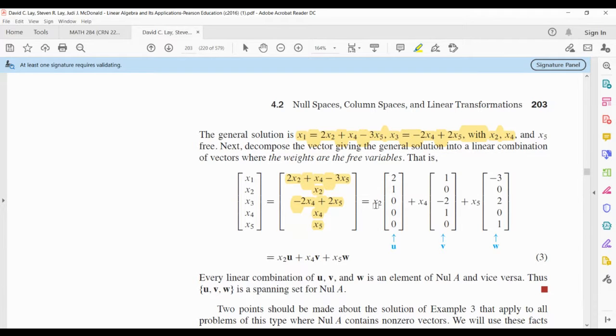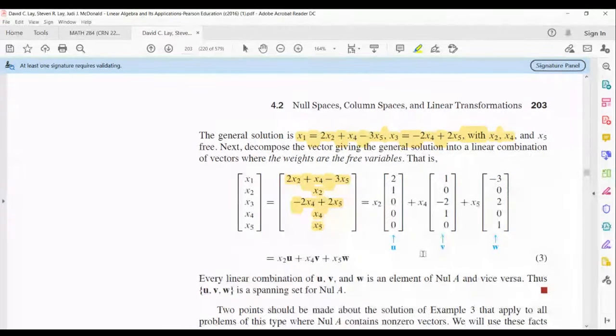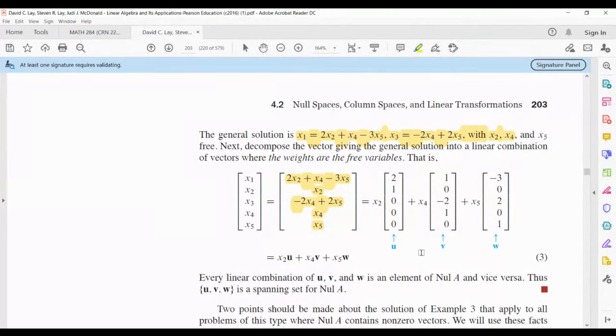Your free variables are the coefficients, the scalars in this expanded form, and your spanning set is u, v, w. So that's how you find the spanning set for the null space of a matrix.